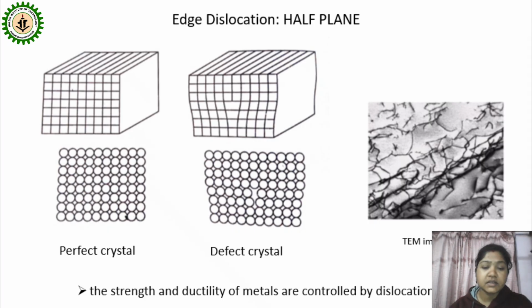If there is a defect, the strength and ductility will differ from material to material. You can see some small lines here. This is a picture of a material, and whatever lines you can see are nothing but the edge dislocation lines.